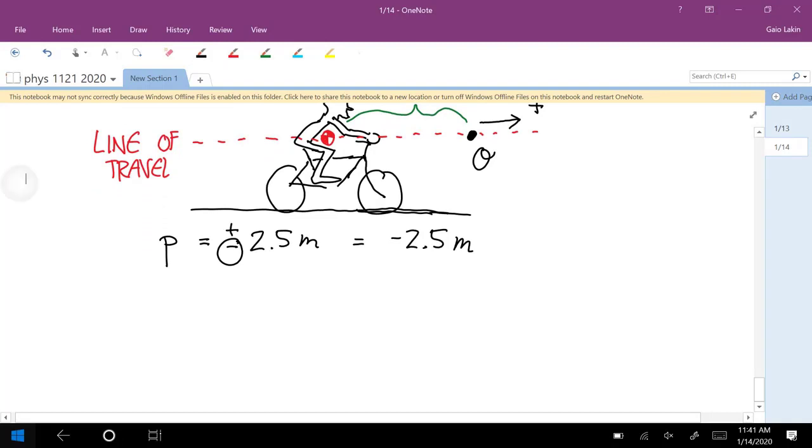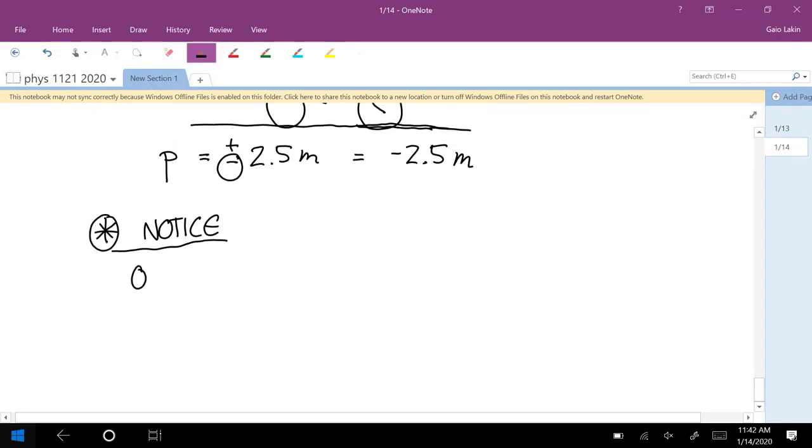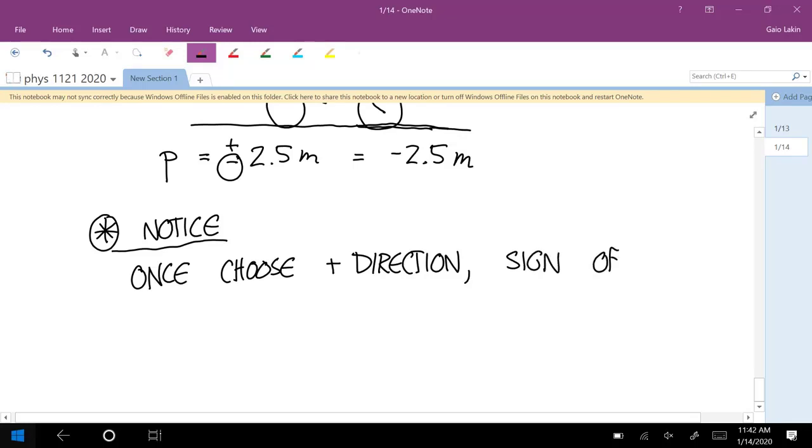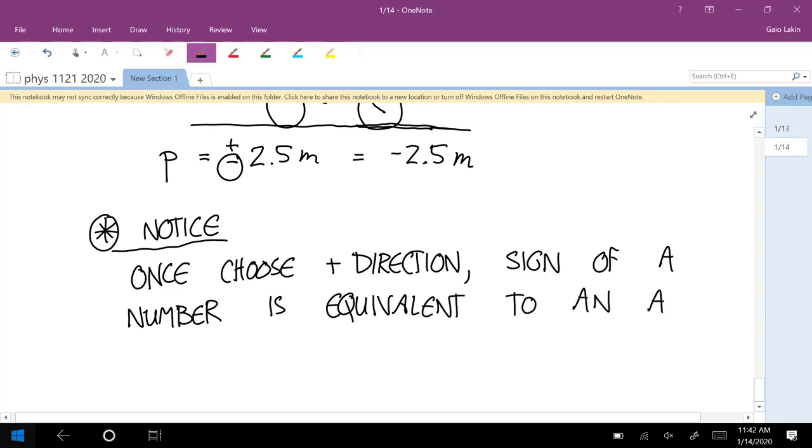Okay, so I want you to notice a couple things about this. Once you choose a positive direction, the sign of a number is equivalent to an arrow in space.